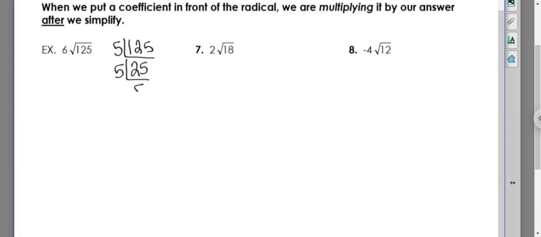And I can keep breaking down with the 5s. So I have a pair of 5s times the 6 that's already out, with a 5 left under. So that's what usually gets forgotten when we simplify the radicals, forgetting to multiply by something that was already out there. So this is 30 root 5.